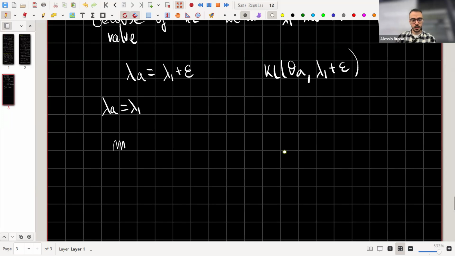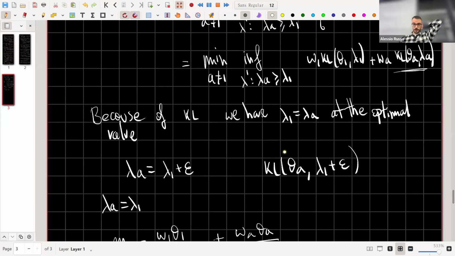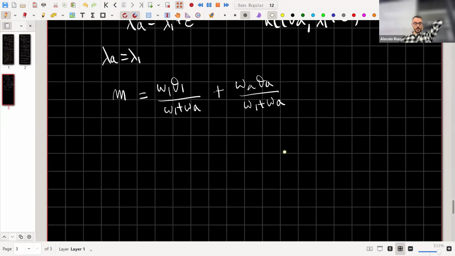And you can show that the optimal point needs to satisfy, it's equal to this. How do we show that? We can just look at this function and take the derivatives.